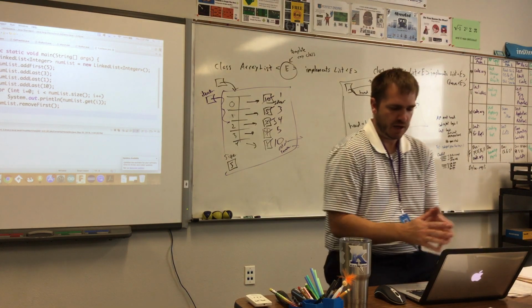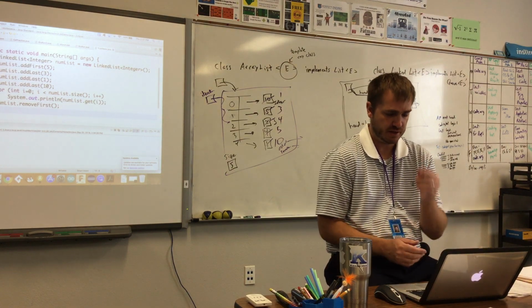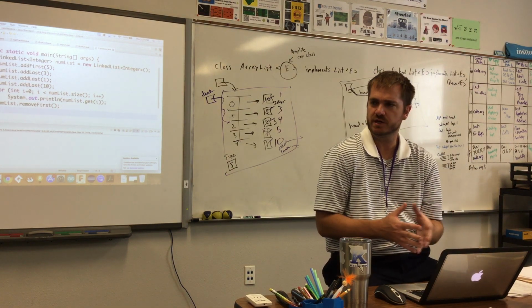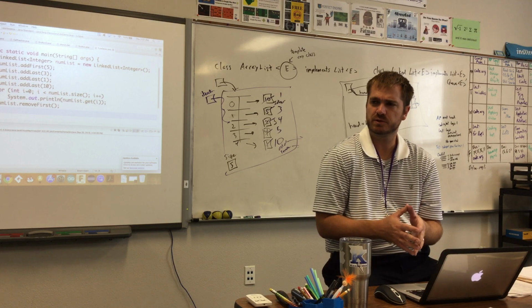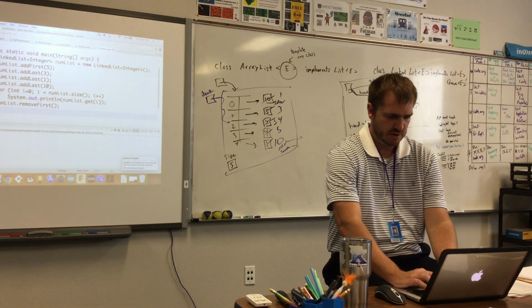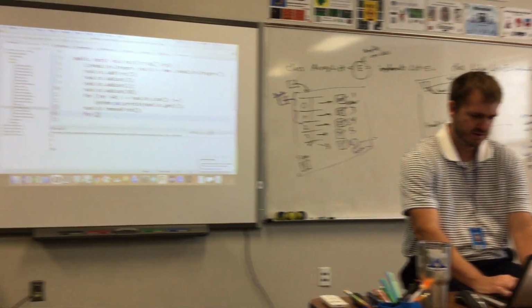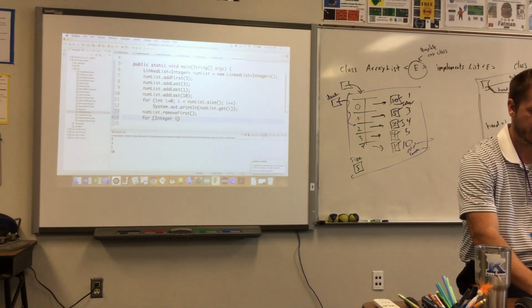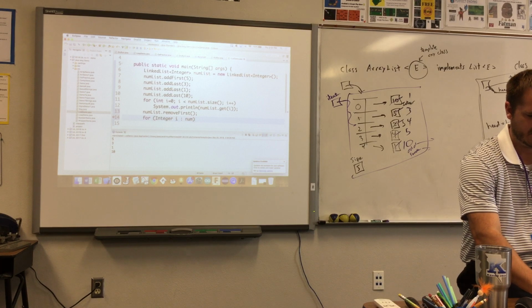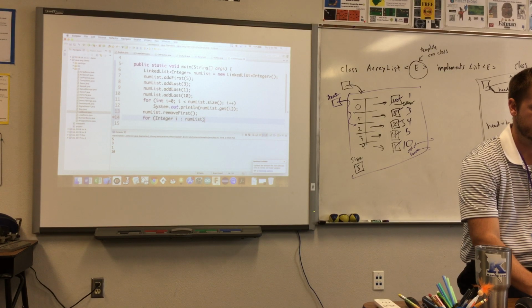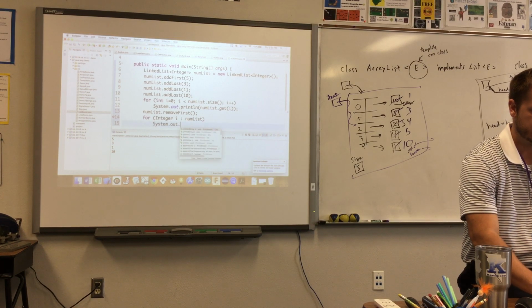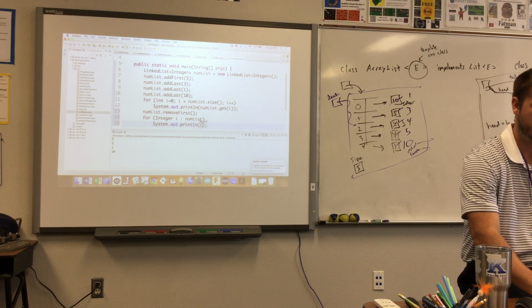So, I removed the first, and now I'll show you, once again, we can use a for each loop to walk through this. We can say for each integer i in numList, System.out.println(i).